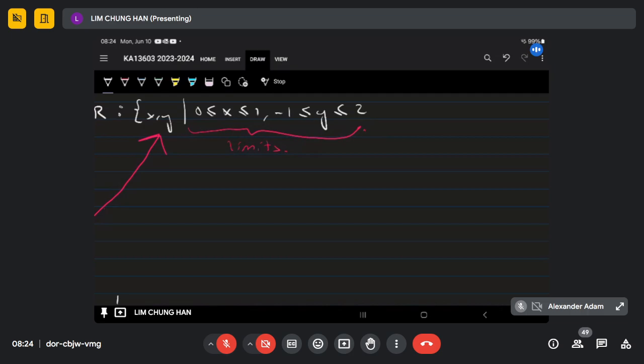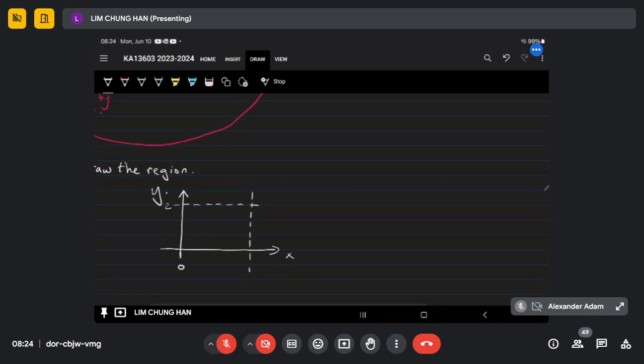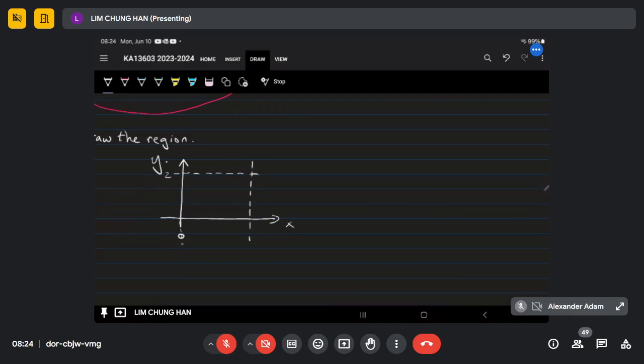Someone else in the class? Negative 1 to 2. Okay, good. Negative 1 to 2 is your y. So therefore, the region for your limit is this.